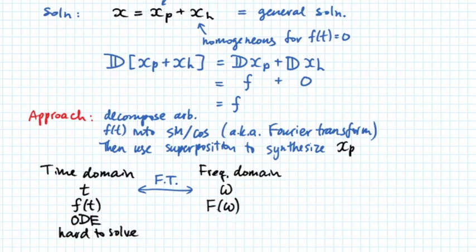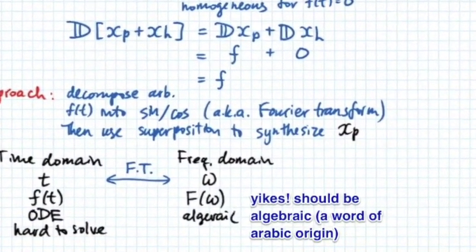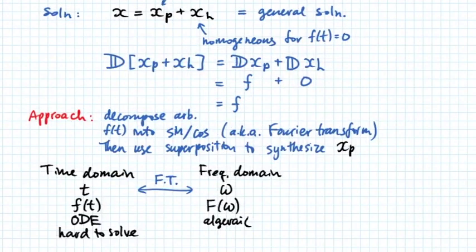The equation of motion will become algebraic, because we know how to differentiate sines and cosines of omega, which is easy to solve. This general approach works not only for the damped driven oscillator, but for any inhomogeneous ordinary differential equation system.